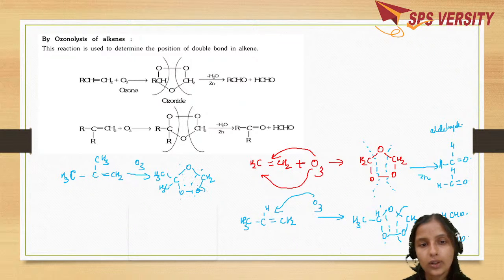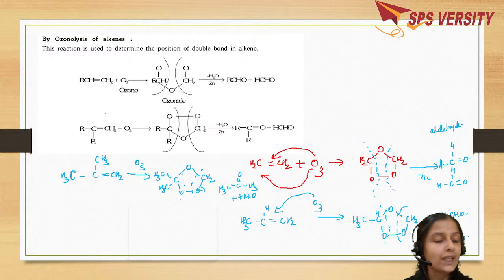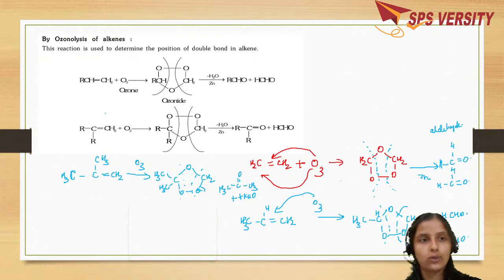Now what you get over here is CH3COCH3, nothing but acetone, which you use in nail polish removers, along with an aldehyde. So depending on what type of groups you have on either side of the double bond, you get the corresponding aldehydes or ketones. This is by the ozonolysis of alkenes.